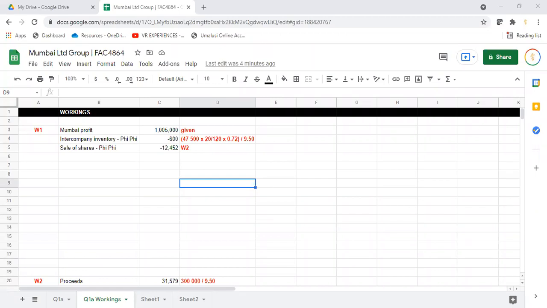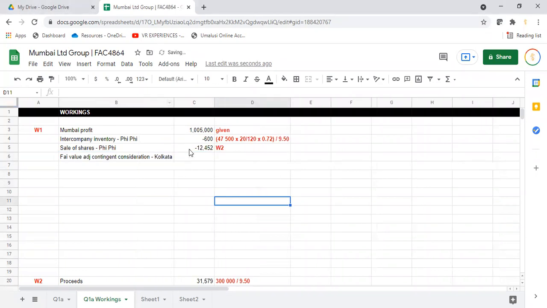Therefore, we're going to subtract. So we will go over here and say: fair value adjustment, contingent consideration, Kolkata.